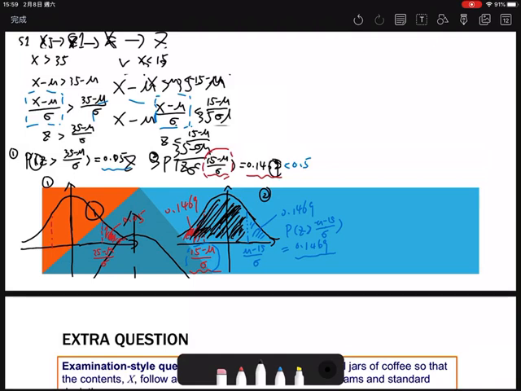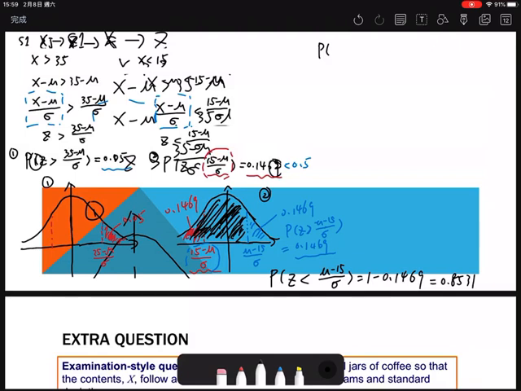So the black region represents P(Z smaller than mu minus 15 over sigma), which equals 1 minus 0.1469, which is 0.8531.